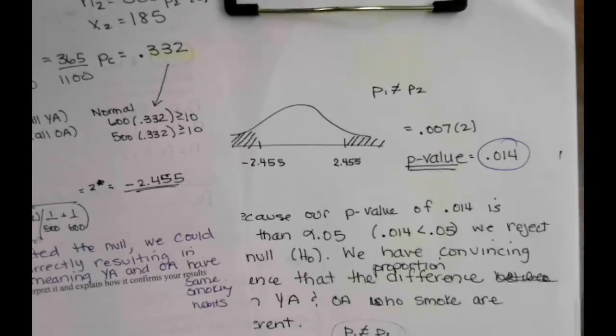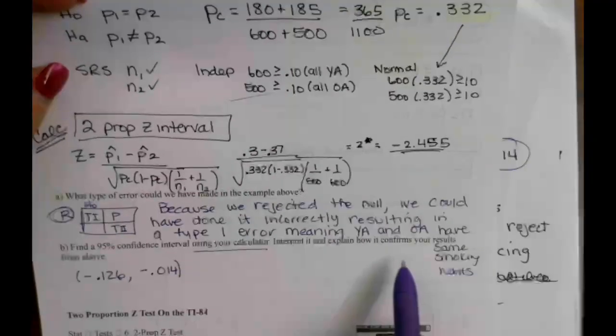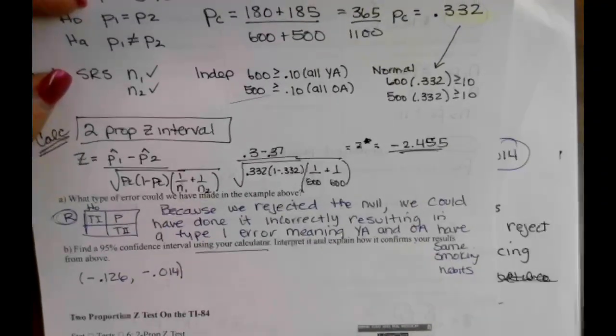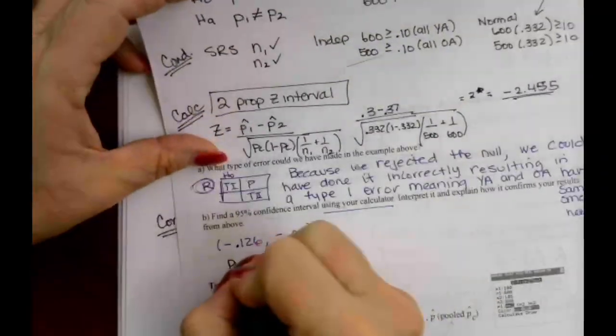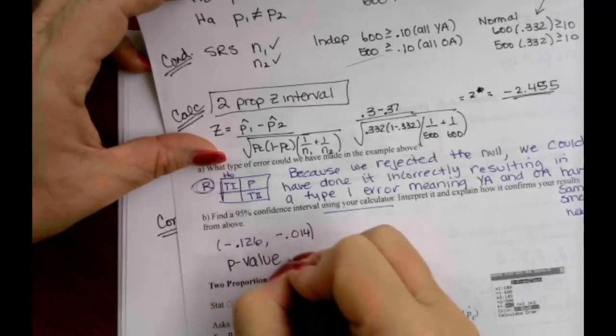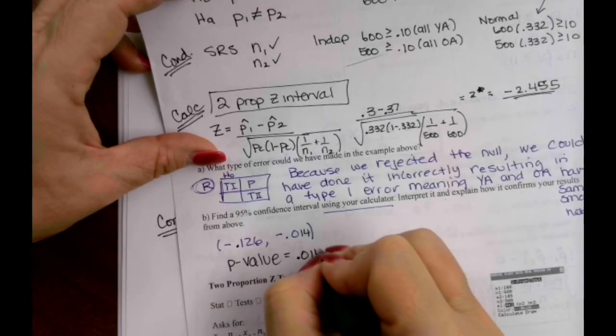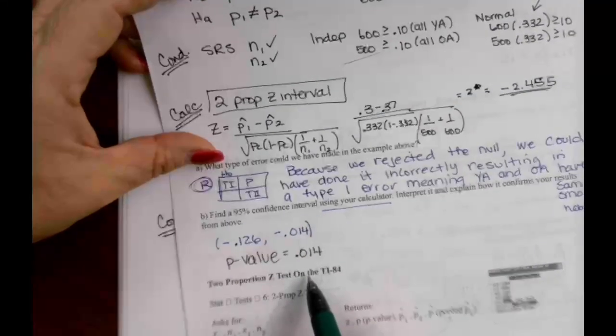So the other thing that we're going to say here is interpret the meaning and how it confirms your results from above. So our p-value, let me just put this right here. Our p-value is 0.014, not negative, but this is the positive.